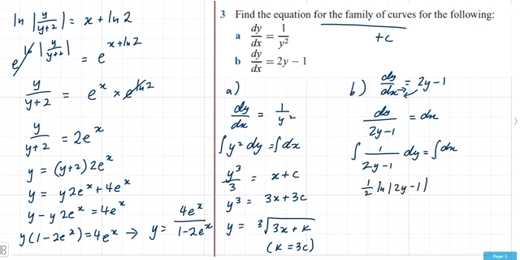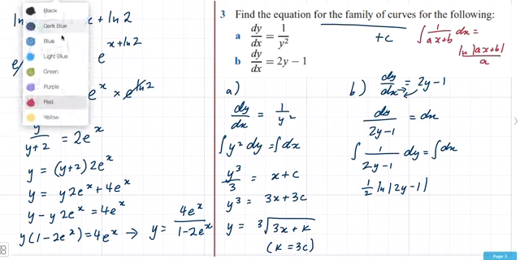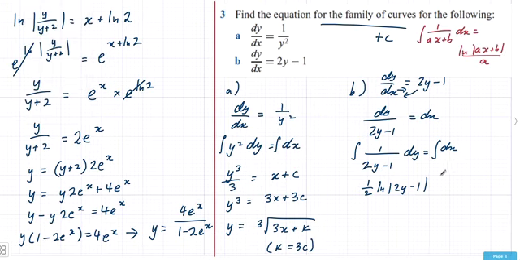The reason for that is that the rule is when you're integrating a linear factor like that, it's going to be the log, 1 over a, or you can think of it, if it helps, as being the log of the thing underneath divided by a, plus c. And on this side we're going to have x plus c.